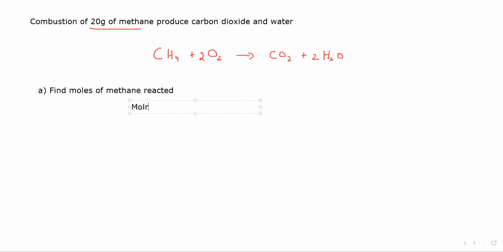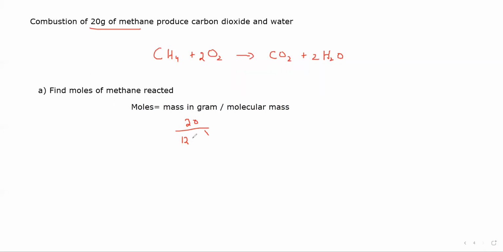So the moles equal mass in gram divided by, because methane is a molecule, so I will write molecular mass. The mass in gram is given as 20. But what about the molecular mass? The formula of methane is CH4.